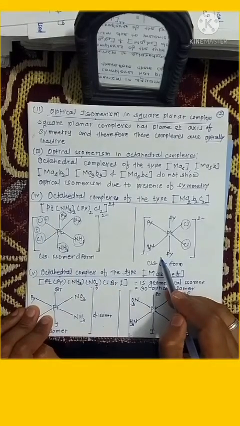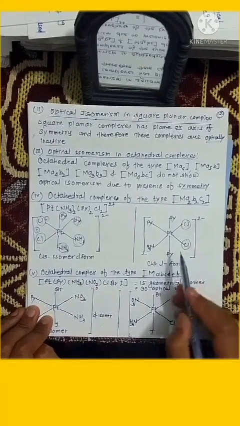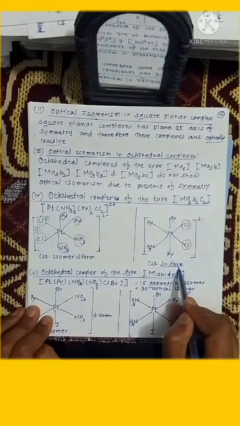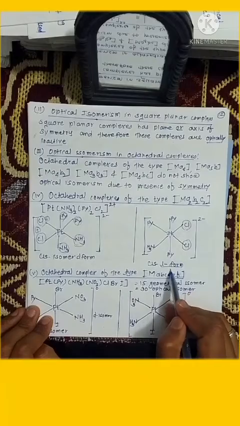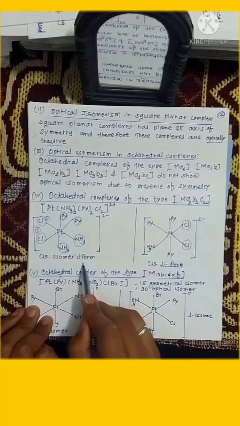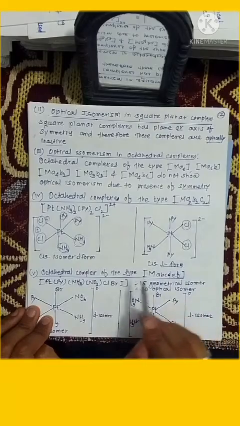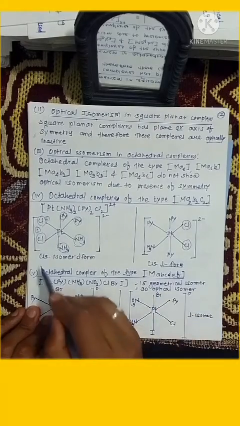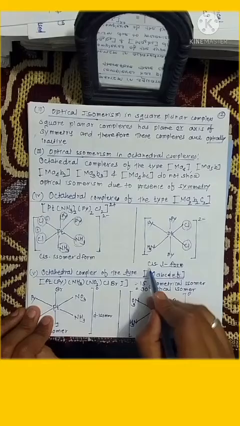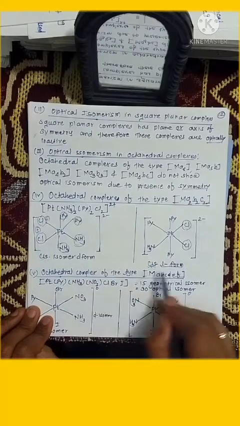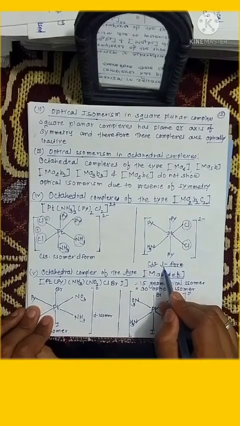It is also a cis form of the compound, but it is the L form. It is cis D form. It is cis L form. Students should not be confused with cis, because cis is obtained from the geometrical isomerism phenomenon. D and L are obtained from the optical isomerism phenomenon.